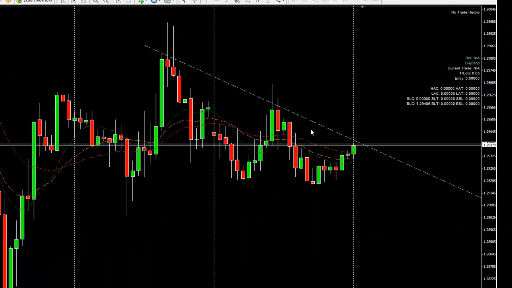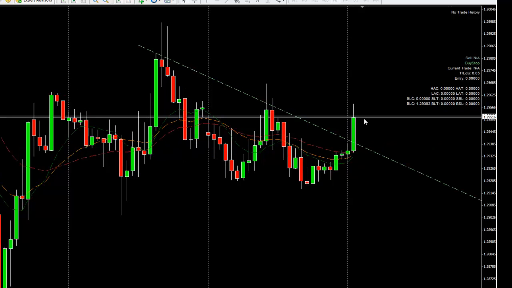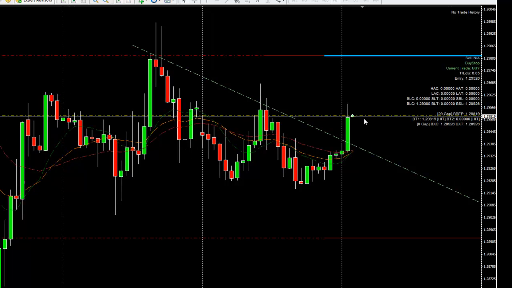Now TradingSticks is set up and our buy line close is ready to trigger our buy stop order. When the trade is triggered, we will see TradingSticks place the stop loss line and the buy exit on touch plus buy exit on close below lines ready to move when the trade reaches the break-even line. Let's watch the trade unfold. Here we go. So you can now see the trade is now opened.